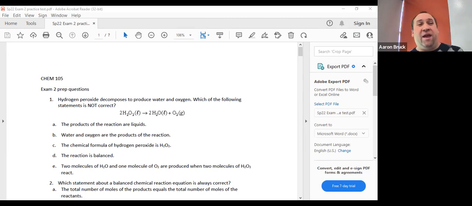And can you connect the dots? So like I said, my exams tend to be on the more challenging side of things, not because I'm trying to fail you or I've got it out for you, but I really want to see who is good at using the chemistry and connecting concepts, and who is good at identifying equations and just plugging and chugging.